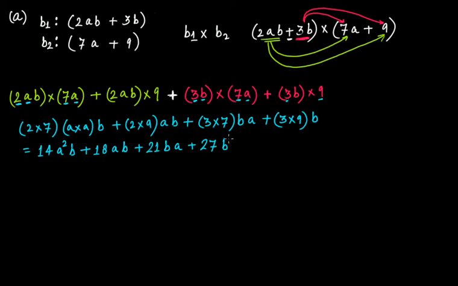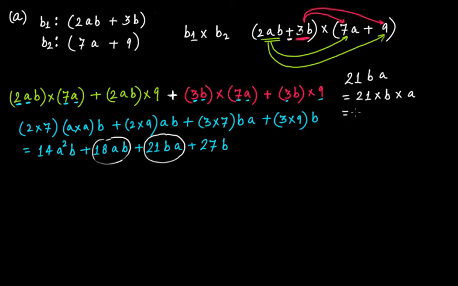Now if you look at this 18ab, this whole thing is a polynomial, so this is 18ab and this is 21ba. What does 21ba mean? 21ba is actually equal to 21 multiplied by b multiplied by a, right?